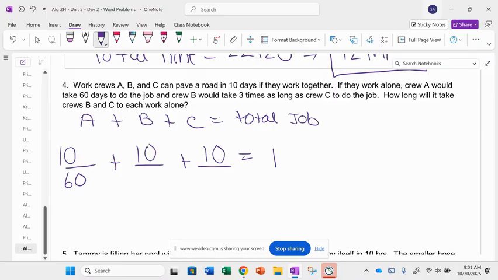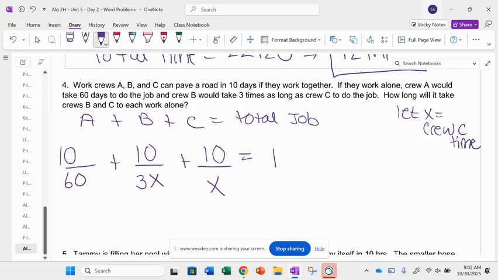So since crew B would take 3 times as long as crew C, do we agree that crew C is the shorter time? So I'm going to let X equal crew C time. Then B would be 3 times that, which is 3X. I'm going to simplify the 10 over 60.